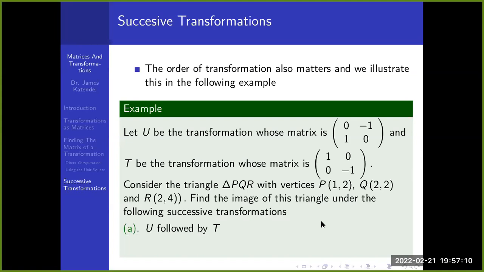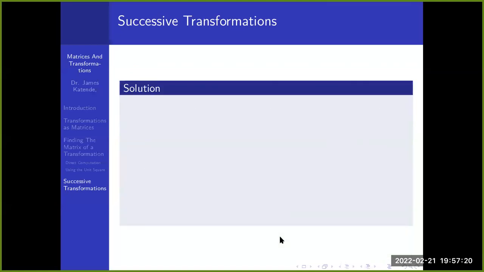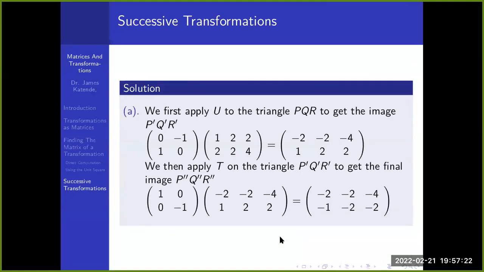The successive transformations that we're going to consider are first U followed by T, and the second will be T followed by U. U followed by T will be worked out as this. The matrix U will act on the original object to give us our intermediate image.